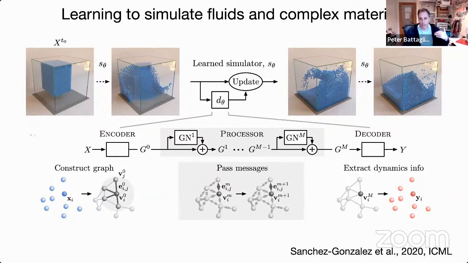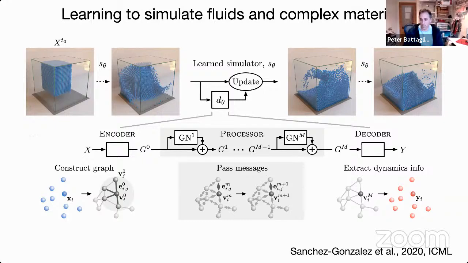The input X positions are run through a neural network, like an encoder, that produces some latent vertex attribute. We also take the displacement vectors between the nodes and project that into some high dimensional representation, that's the edge attribute. Then the processor passes messages between the nodes in this fluid graph.